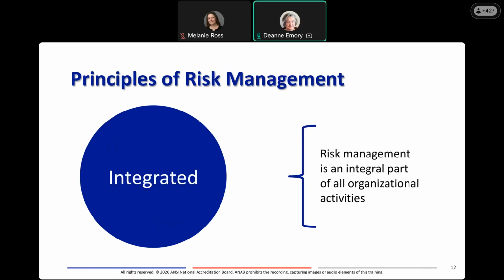Let's look at the principles one by one. Risk management can be used throughout the life of your organization and can be applied to any activity, including decision-making on all levels. Risk management should be an integral part of and integrated into all organizational activities.